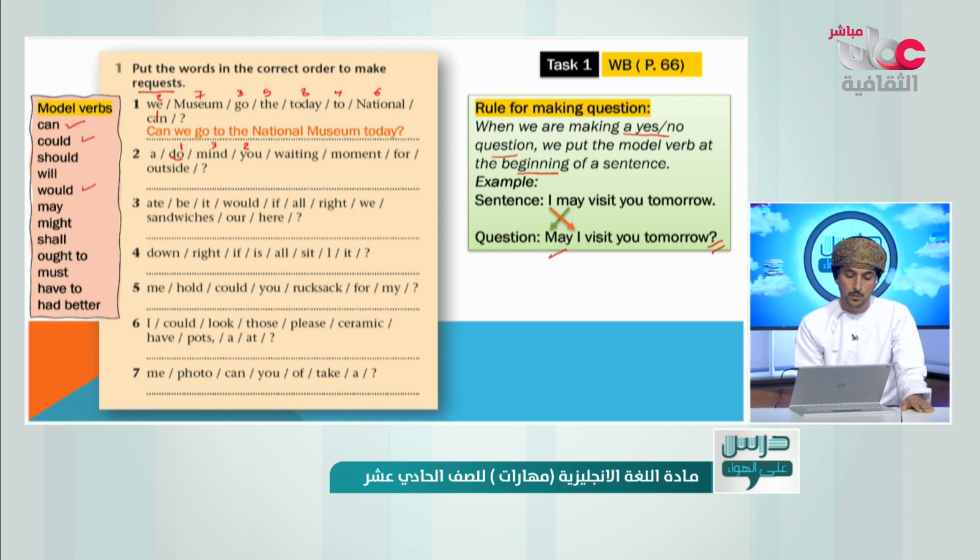Do you mind? Then after do you mind, we usually use verb plus ing. So we have got here waiting. Do you mind waiting outside for a moment? Let's now see the right answer. Do you mind waiting outside for a moment?